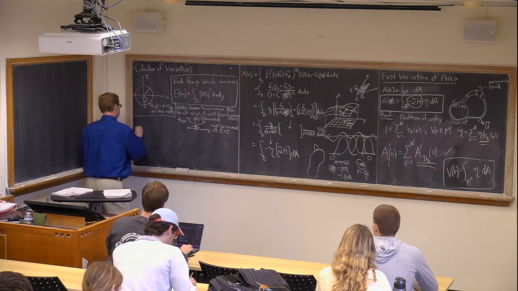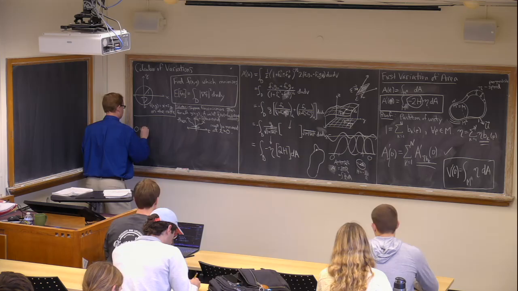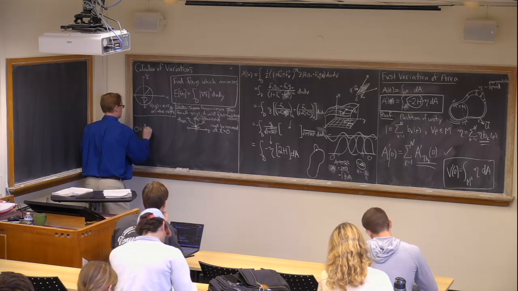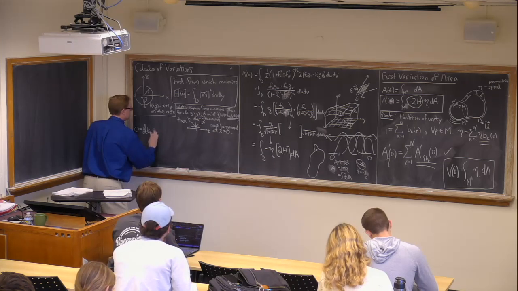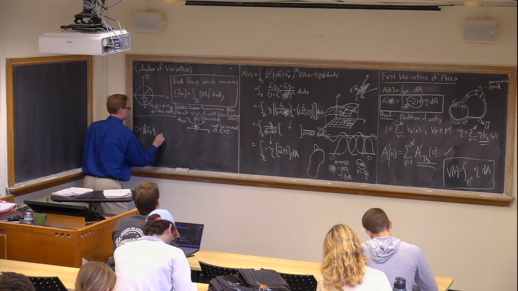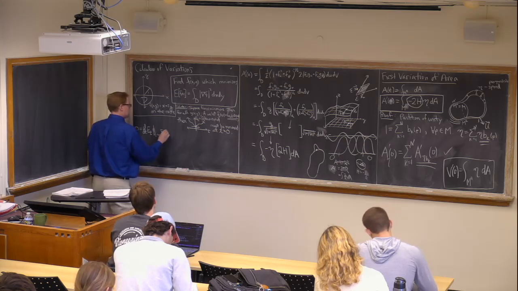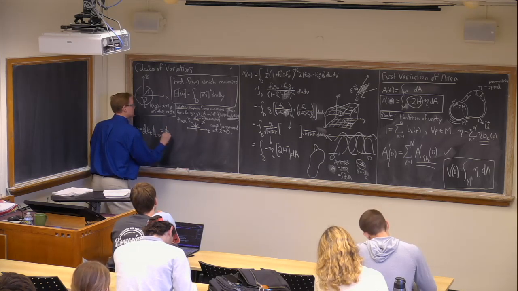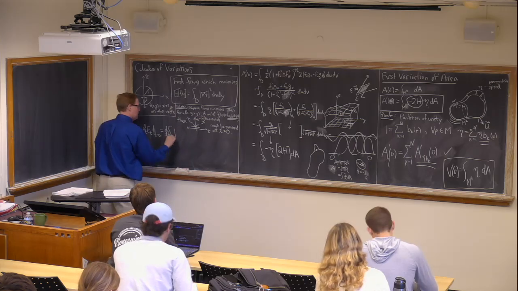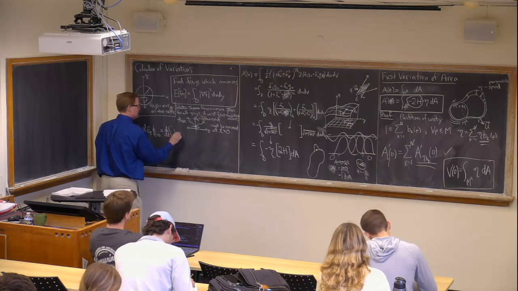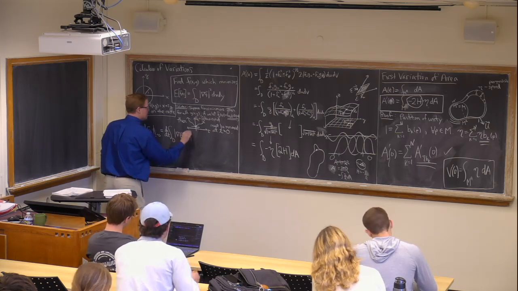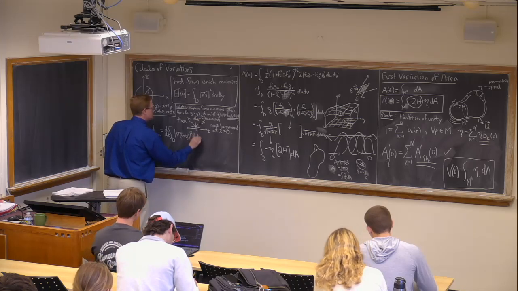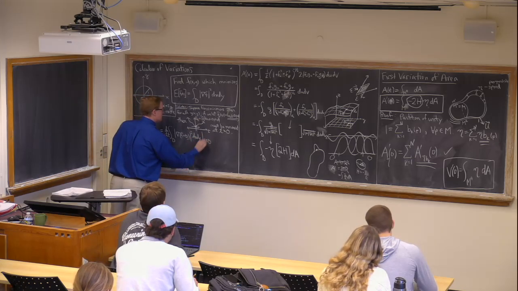So the point is that 0 must equal d dt of this E sub t at t equal to 0. In other words, when we take d dt of this thing, the integral over D of the norm of the gradient of f plus tg squared dx dy, and then plug in t equal to 0, that must be 0.